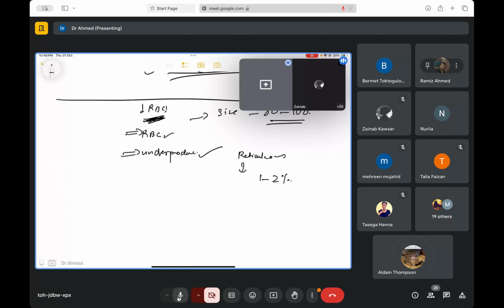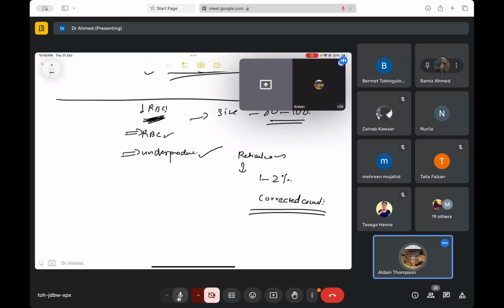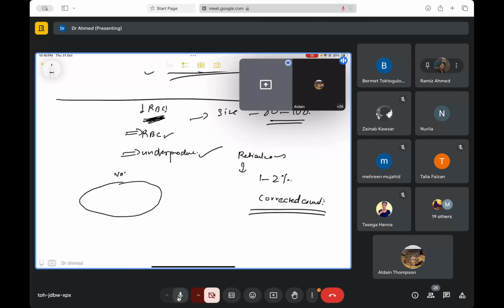Sometimes what happens? What's the concept of corrected count? Can anyone tell me? Normally, for example, let's suppose this is the complete volume of your blood, and you have 1 to 2% reticulocyte count, it means that 98% are normal. What are reticulocytes? They are immature erythrocytes, right?